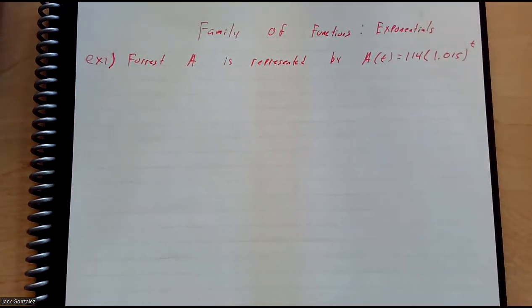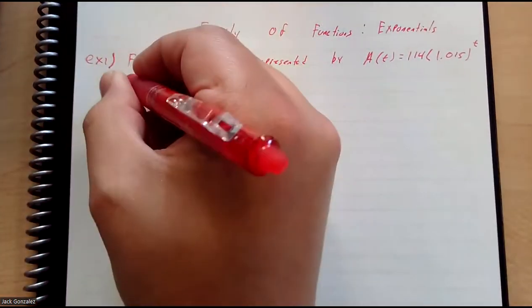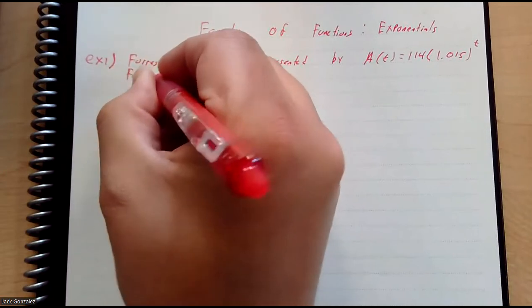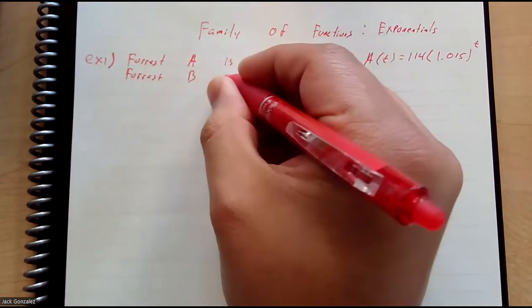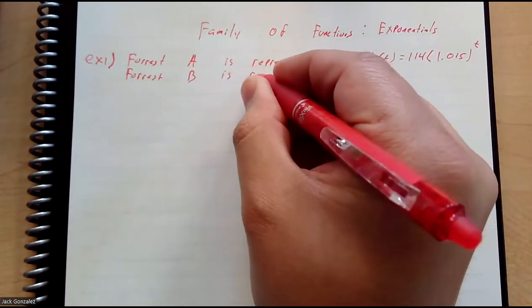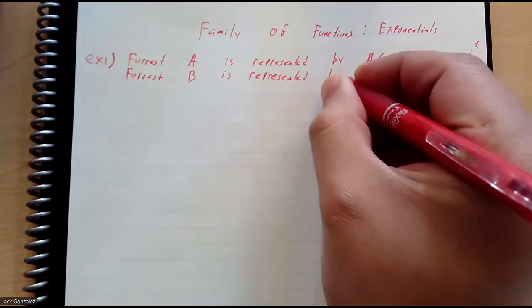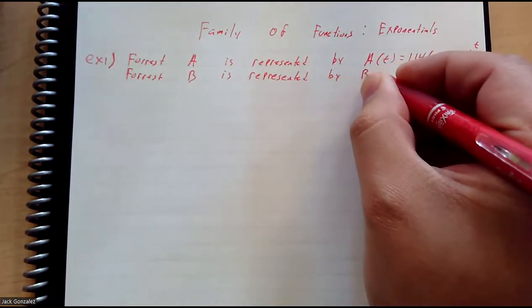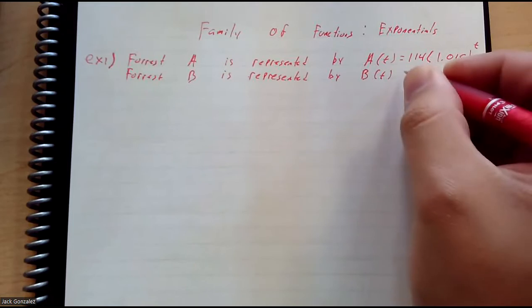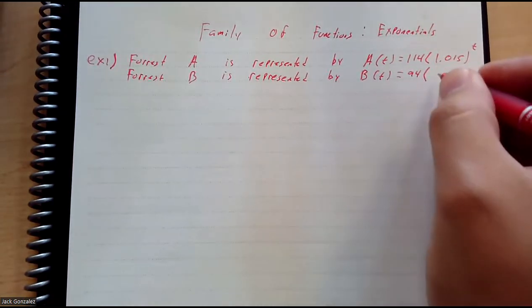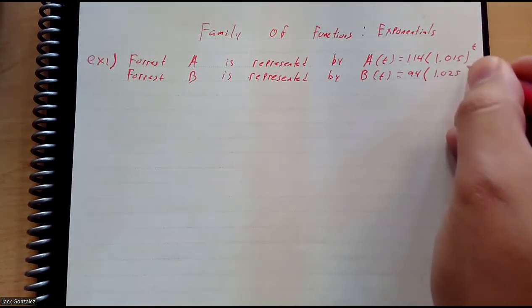This function models the growth of some trees in some forest. Forest B is represented by a function called B of t equal to 94 times 1.025 to the t.